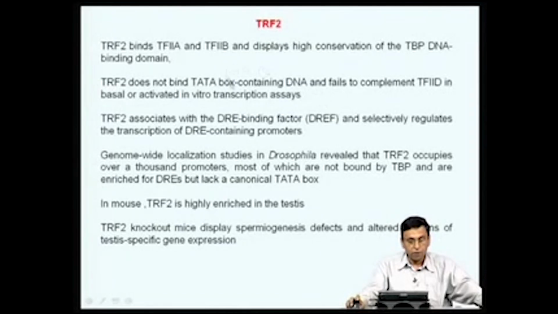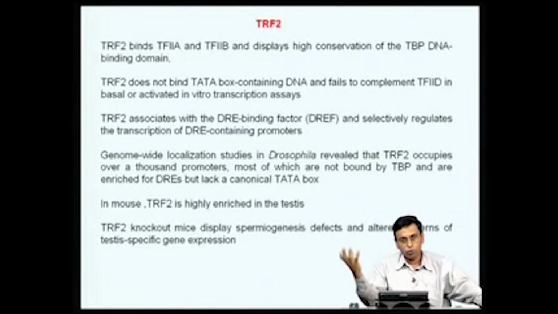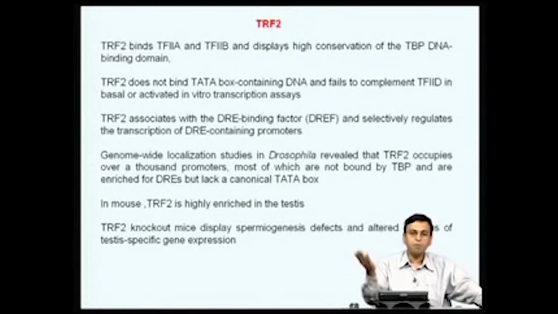Now, remember, it is again very important: when you purify, for example, TF2D from a specific cell type, and then replace the TBP present in the TF2D with a recombinant TBP, it will still act as TF2D. But if instead of TBP you now add TRF2 to the TF2D complex, it no longer substitutes the function of TBP, showing that TRF2 is a variant of TBP and it has a function that is different from TBP.